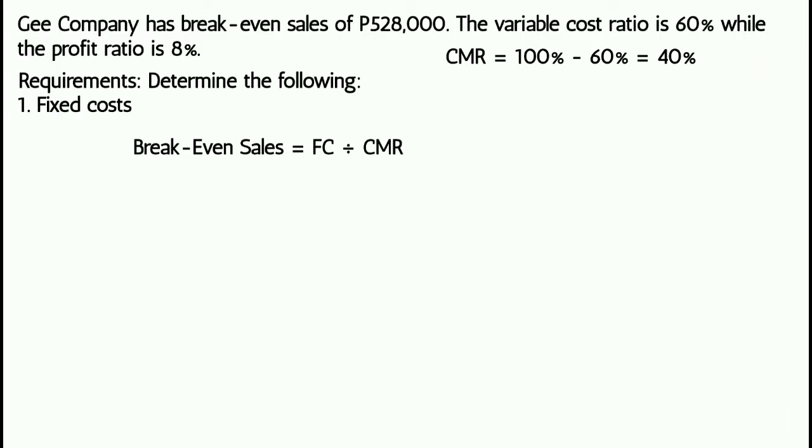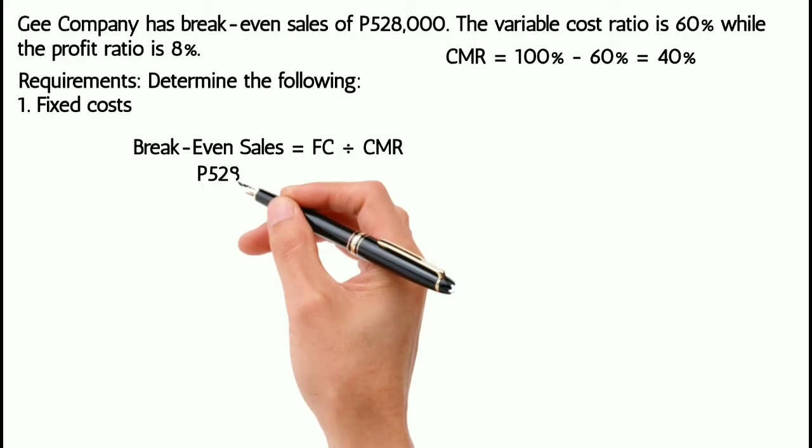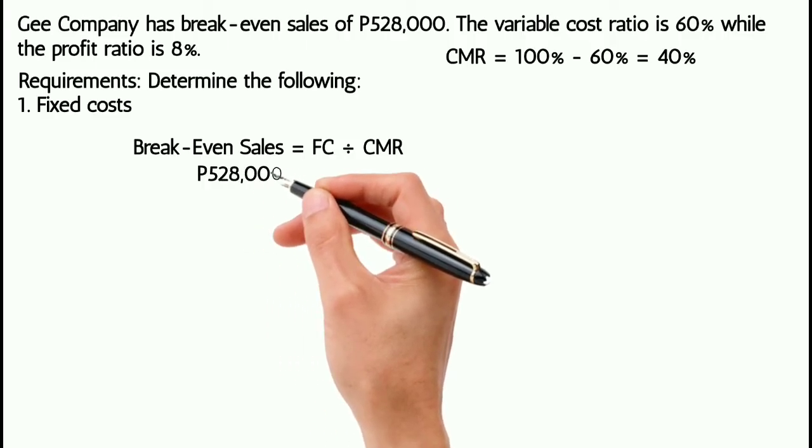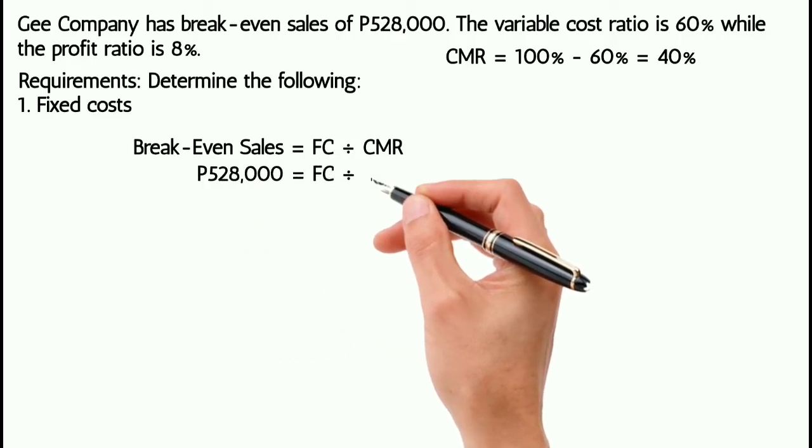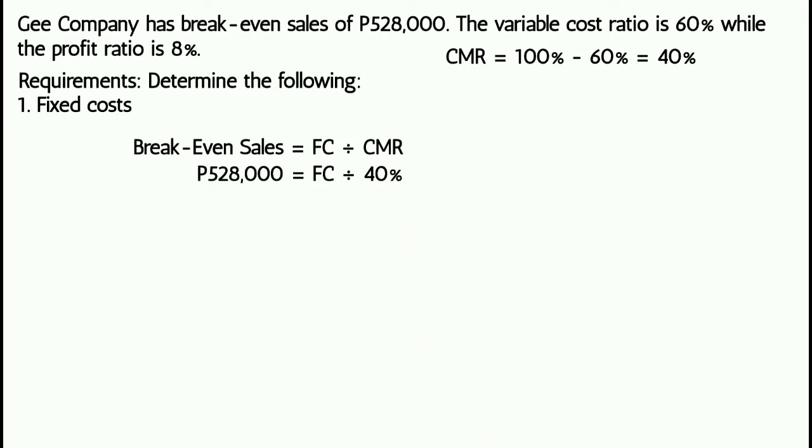Pwede na nating i-substitute yung amount sa formula para makuha ang fixed costs. 528,000 pesos is equal to fixed costs divided by 40%.